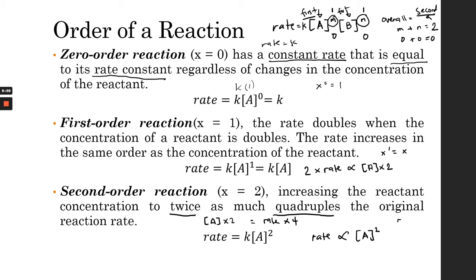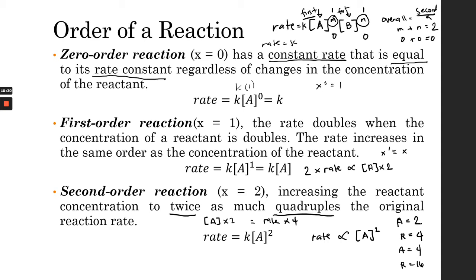So for example, if my A is equals to 2, ang magiging rate ko is 2 raised to 2, that's 4. Let's say if I double my concentration, let's say if I have a concentration of 4, 4 raised to the second power is basically 16.